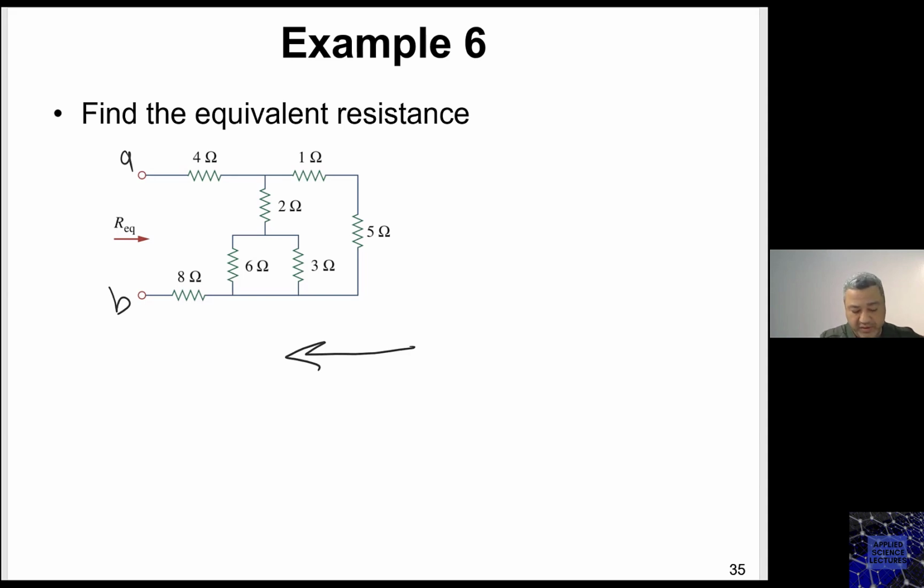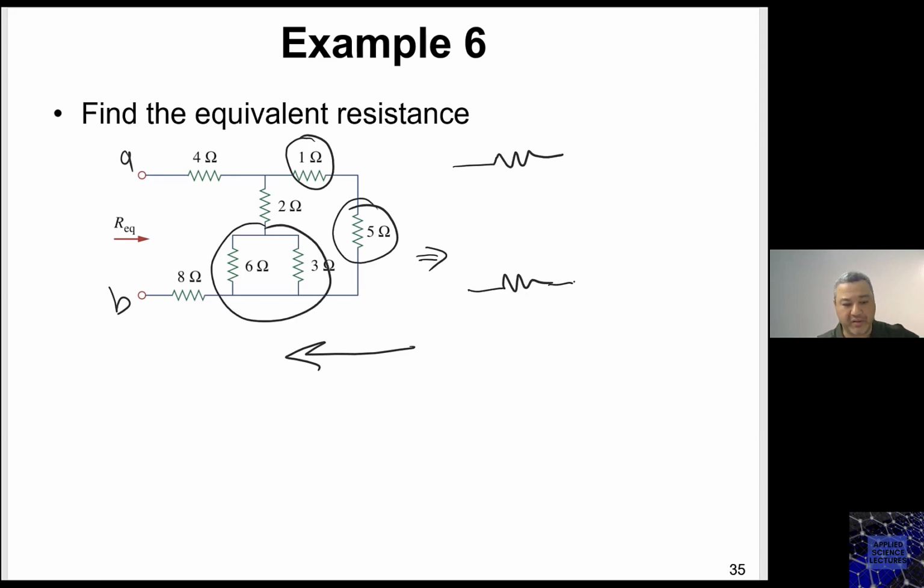So in this case, the first thing I can see is that this resistor and this resistor are connected in series. So the first thing to do is probably redraw the circuit while simplifying that step. You can also notice that 3 and 6 are in parallel.